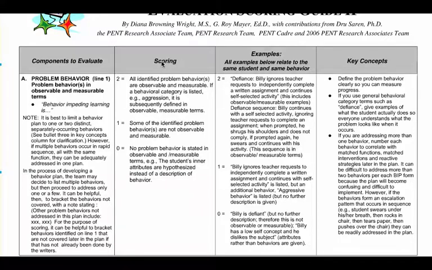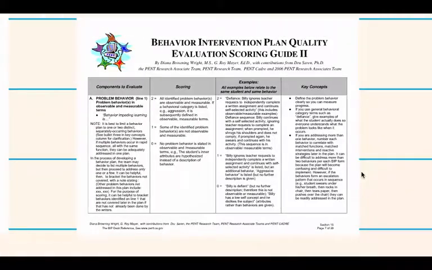And then there's a scoring guide here where you can answer the question as to whether or not it was done with great clarity, or whether there were some problems identified with the behavior not being described in such terms that it is observable and measurable, or a complete omission of the information. And then the other thing I like about this guide is that it gives examples of what a good definition looks like, and it reminds you of some of the key concepts with respect to that.